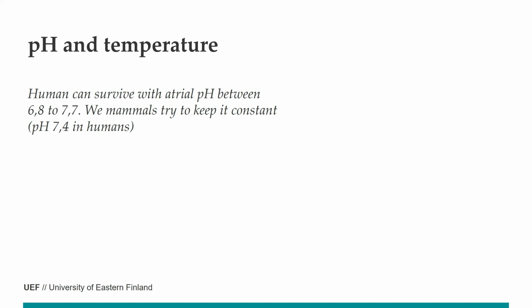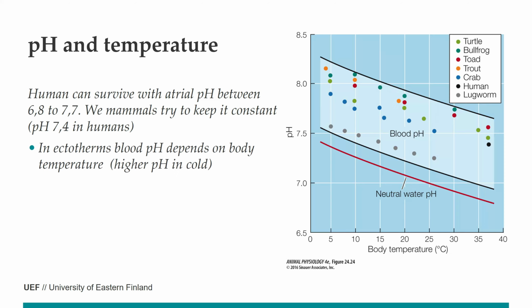And quite often, in early studies, they were thinking that this is something that happens in all animals. But actually, in the ectotherms, it's variable. So in high temperatures, the pH in the blood is lower. And in low temperatures, of course, it's higher.